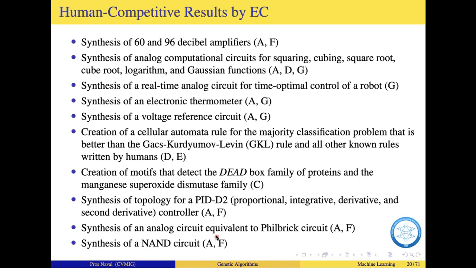So even the synthesis of an analog circuit equivalent to the Philbrick circuit. For those who do not know, the Philbrick circuit is simply the analog operational amplifier. It was, of course, invented by Philbrick.